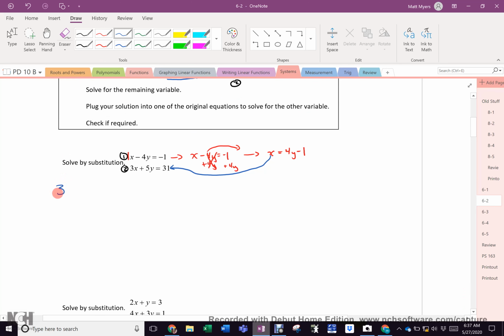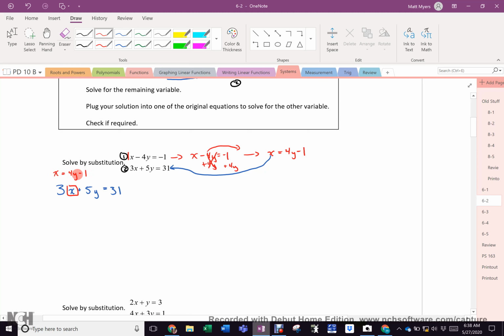Equation 2 is 3x plus 5y equals 31. But x, according to this right here, x equals 4y minus 1. So instead of writing x, I can write 4y minus 1 because x equals 4y minus 1.